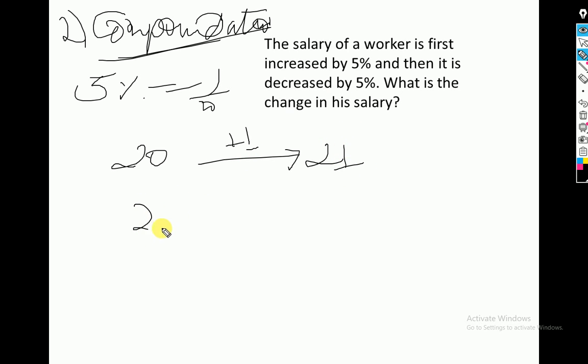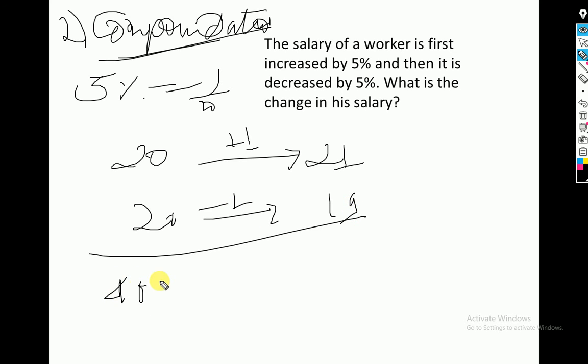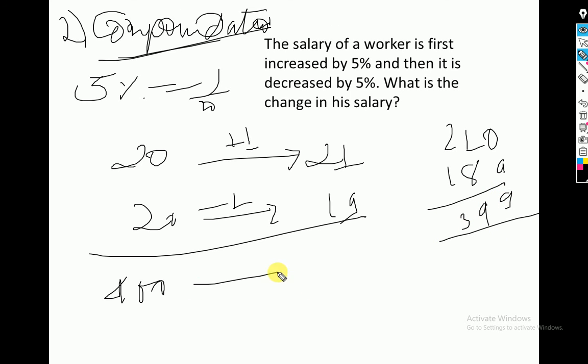So from 20 it's 19. So this is 400 and this would be 399.